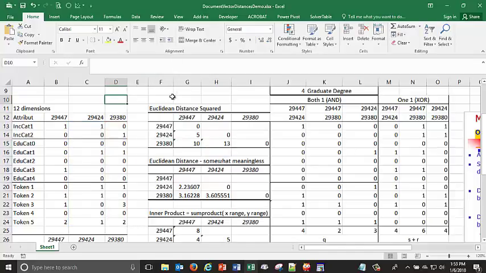And we now can use Euclidean distance as squared, and then we take a square root.